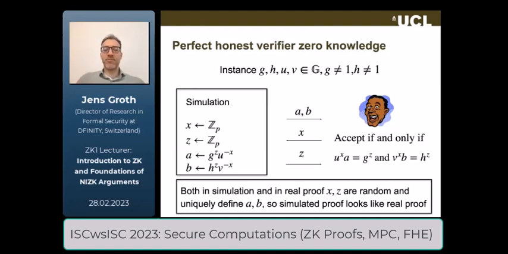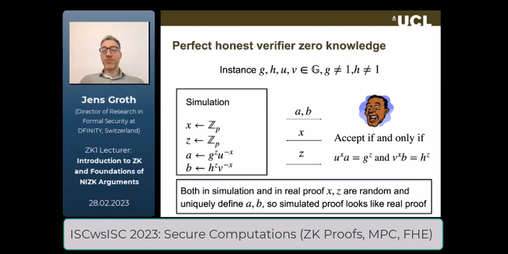X is uniformly random because that's how an honest verifier chooses X. And Z is uniformly random because in a real proof, you have this R, and Z is something plus this random R. And because R is uniformly random, therefore Z is also uniformly random. So in the simulation, clearly X and Z are uniformly random. In a real proof, they are also uniformly random.